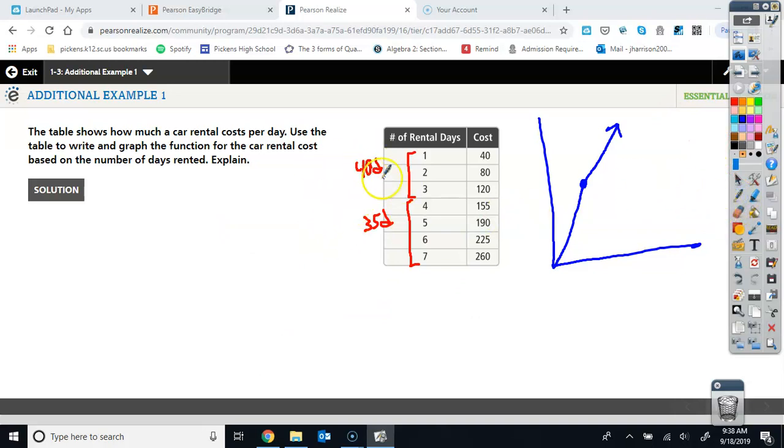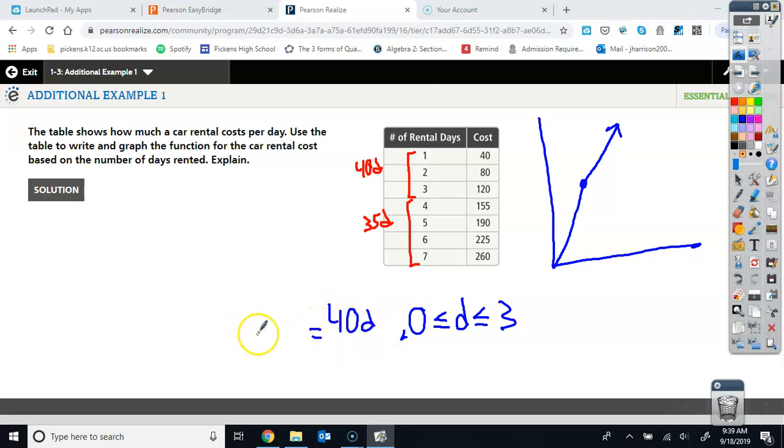But let's see if we can figure out the equation. So if the number of days is between 1 and 3, technically you could also put between 0 and 3, but nobody's going to rent a number of cars for 0 days. But this is probably what your book is going to show you. Then that means it's $40 times the number of days.